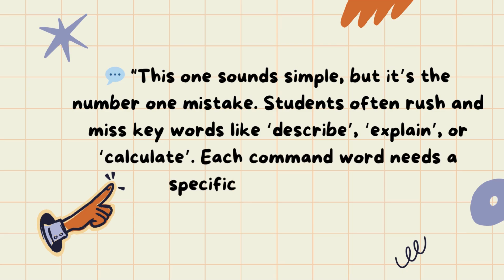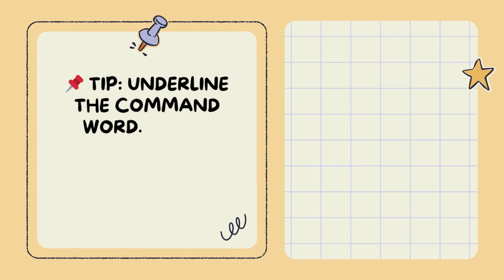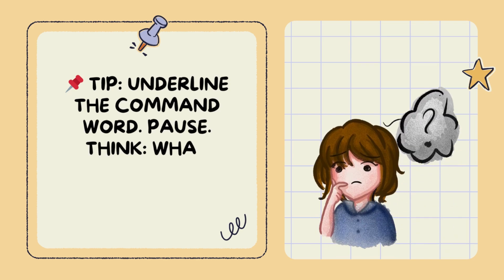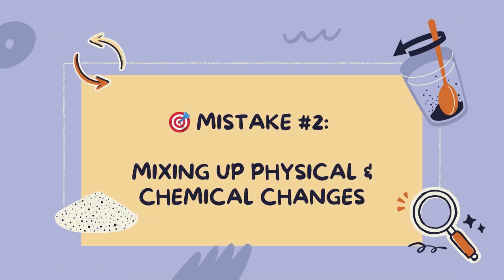Each command word needs a specific kind of answer. So a tip to improve this mistake is underline the command words. Read the question, underline the words which are important, just pause, think for a while, what exactly is this question asking me to do?